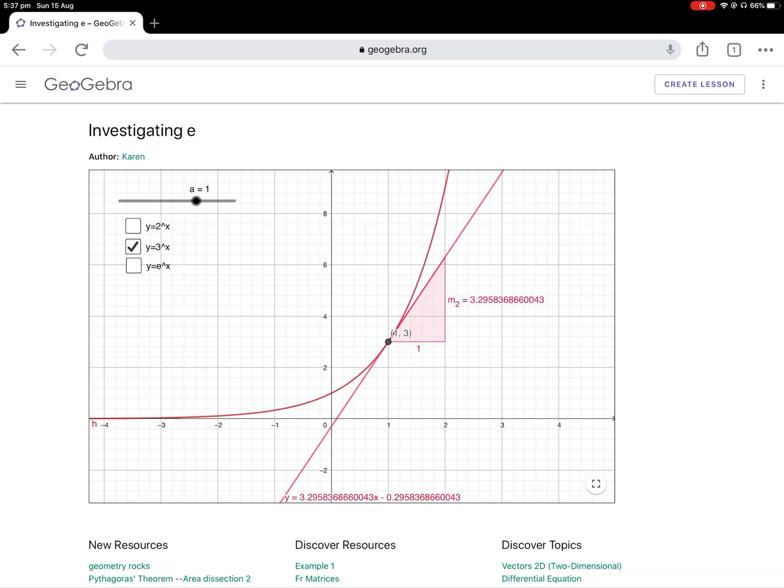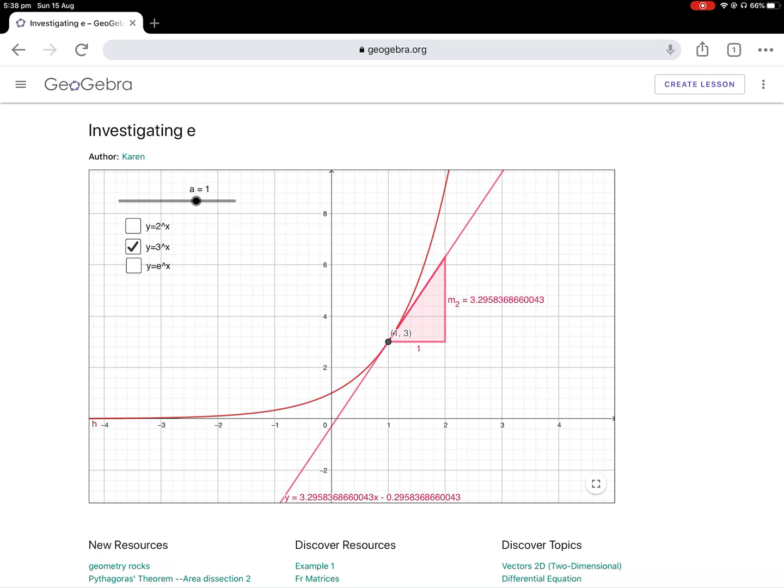If I change to the graph of 3 to the power of x, what you can see now is if I'm looking at this point, the y value is 3, the gradient is 3.295. So what you can see there is the gradient is bigger than the y value. And then so that sort of makes us think, okay, so if it's 2 to the power of x, the gradient's smaller than the y value.